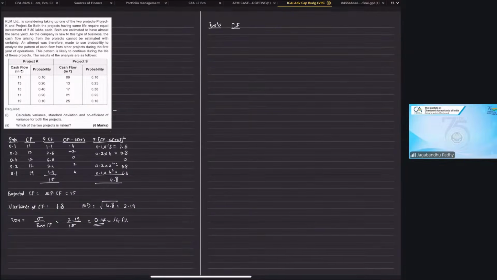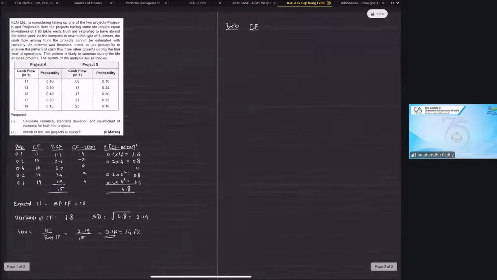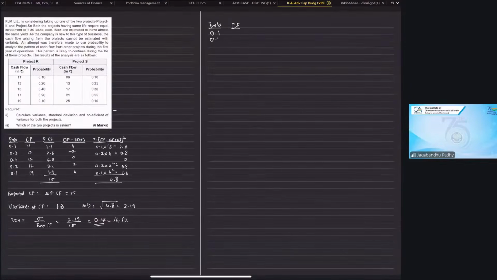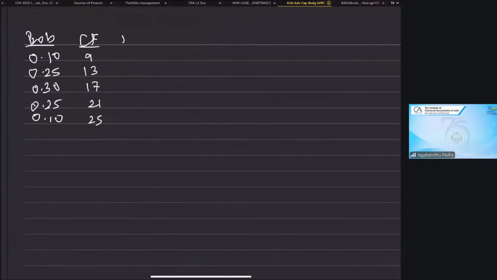Probability and the cash flows. The probabilities are 0.1, 0.25, 0.30, 0.25, 0.1. Cash flows are 9, 13, 17, 21, 25. First we need to multiply probability with cash flows and then take a total.